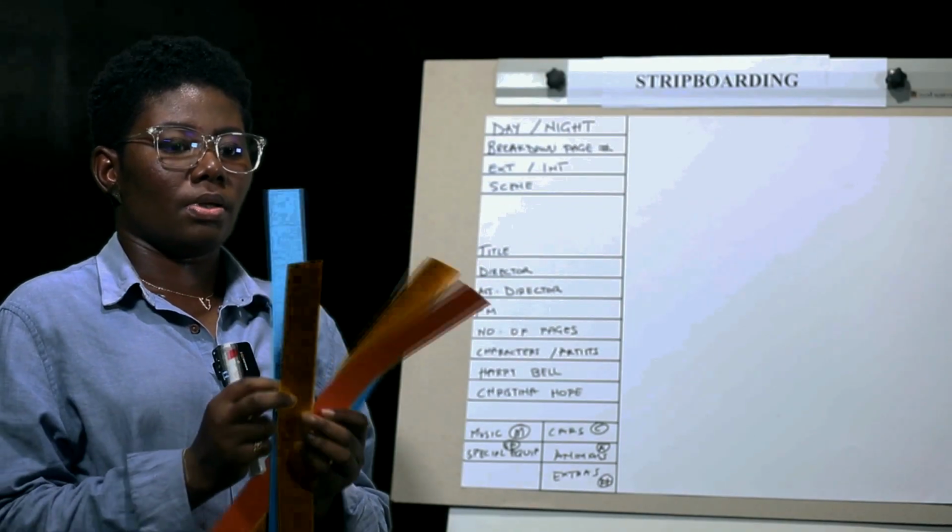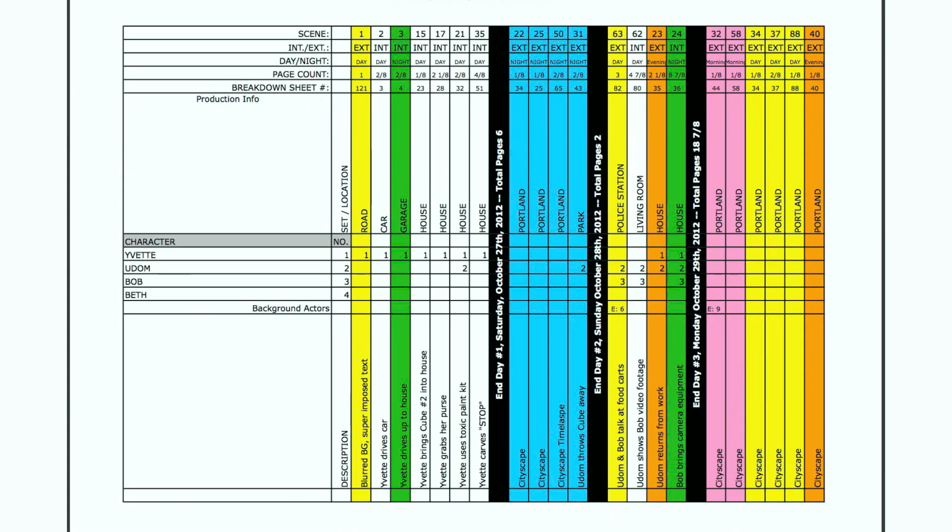So blue stands for night interior scenes, and then there is green for the night exterior scenes. We have the white, which is used for day interior scenes, and then we have the yellow, which is used for day exterior scenes.